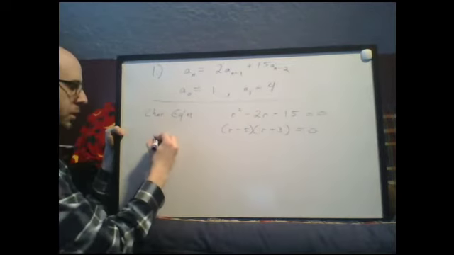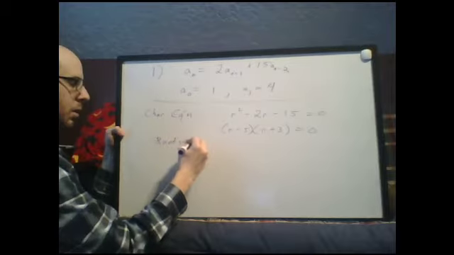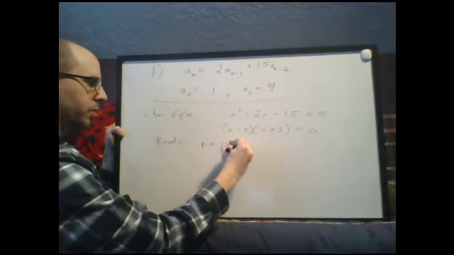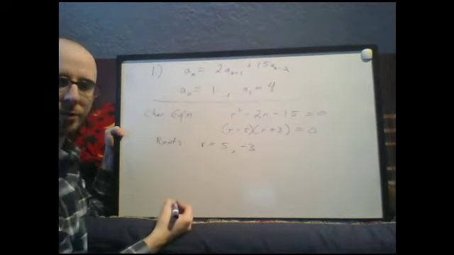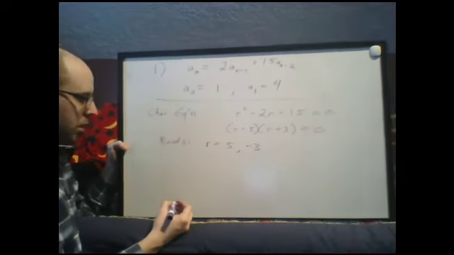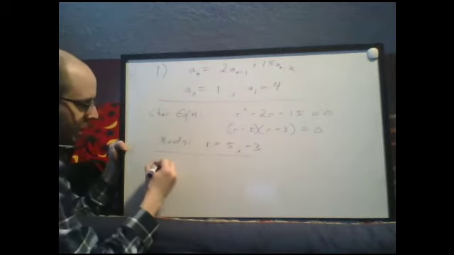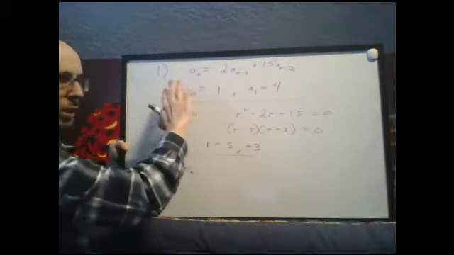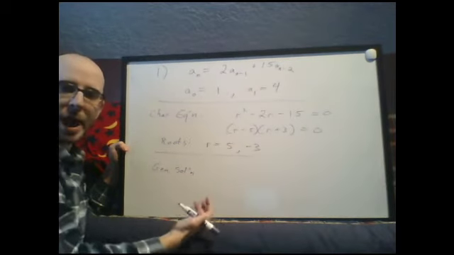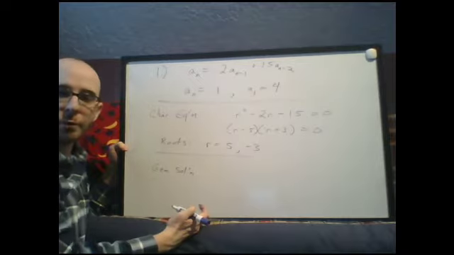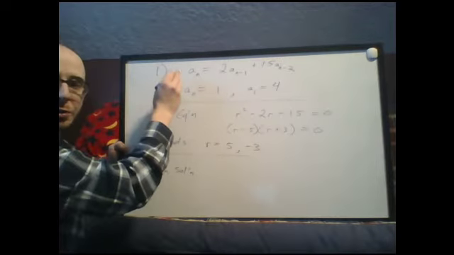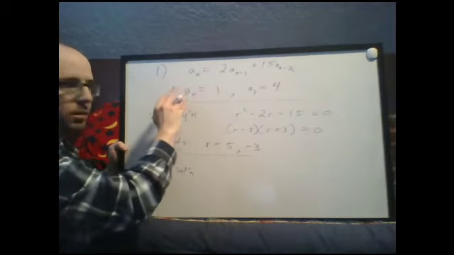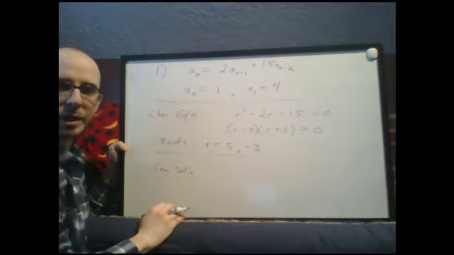So my roots are r equals 5 and r equals negative 3. From that, we can get the general solution. The general solution is the family of solutions, the family of formulas that satisfy the recurrence relation but don't necessarily satisfy the initial conditions.